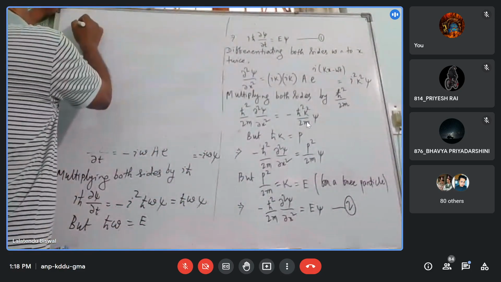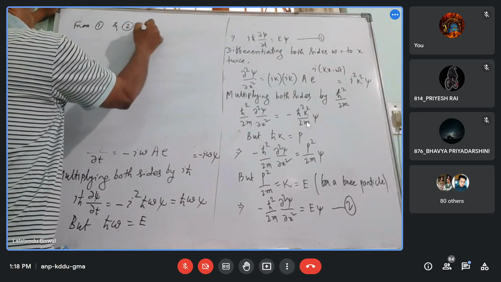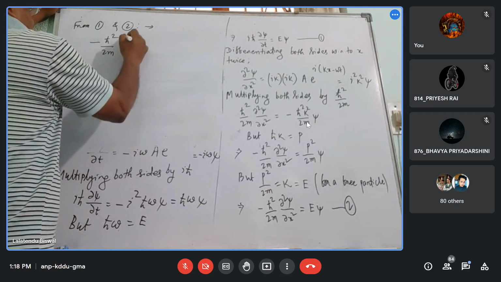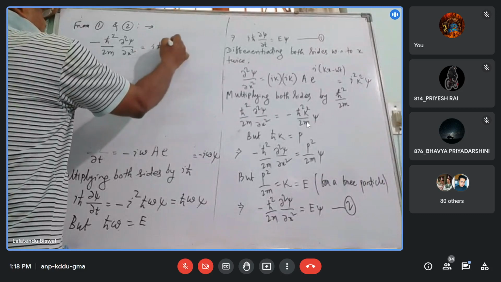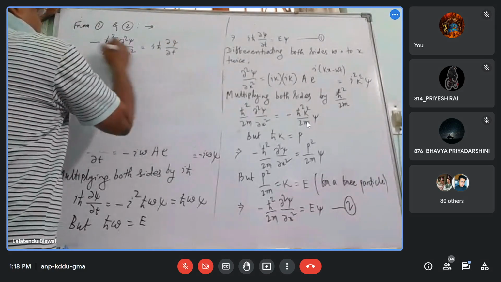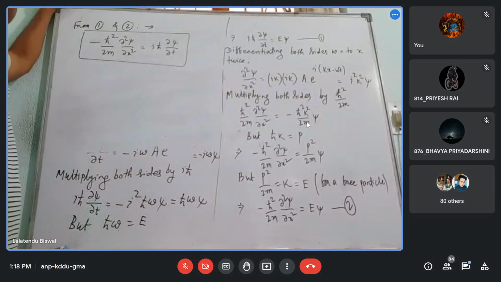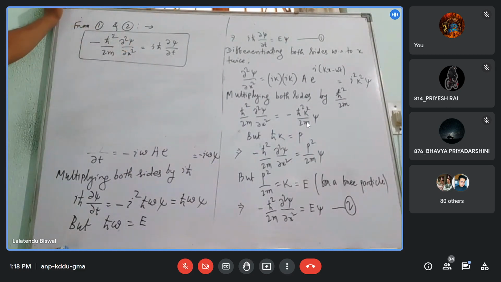So because their right-hand sides are the same, what you got from 1 and 2 is minus ħ² by 2m del² psi by del x² is equal to iħ del psi by del t. Mark, this is a differential equation whose solution will give you the time and position dependence of psi.